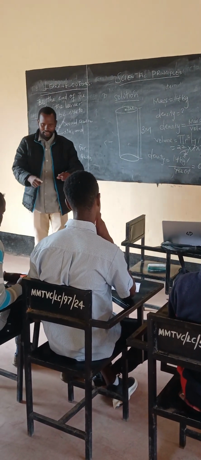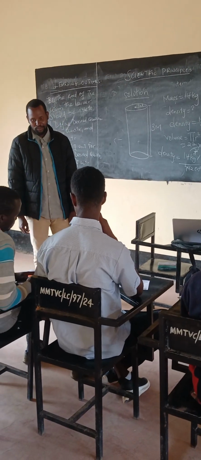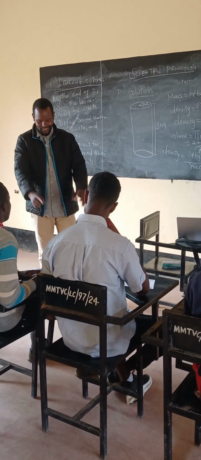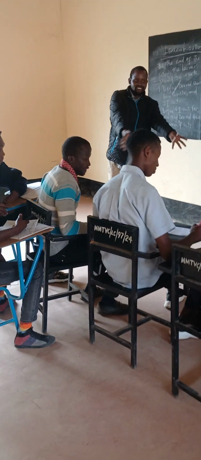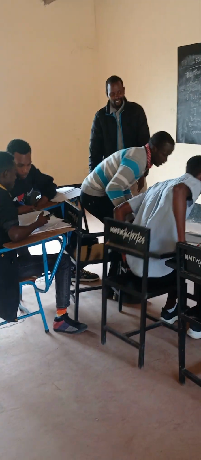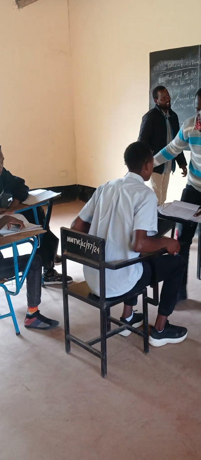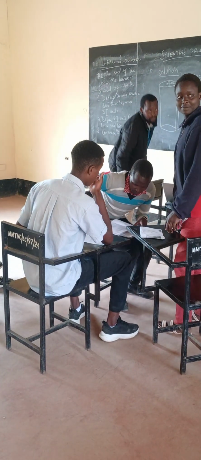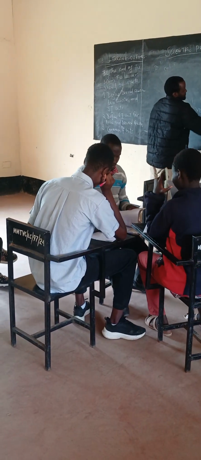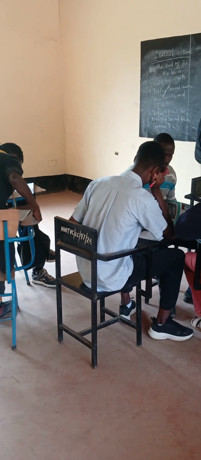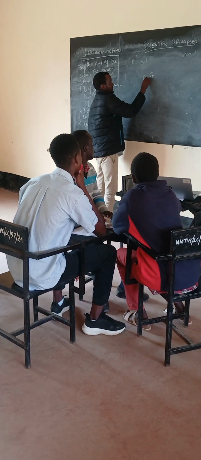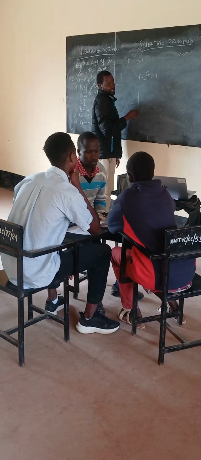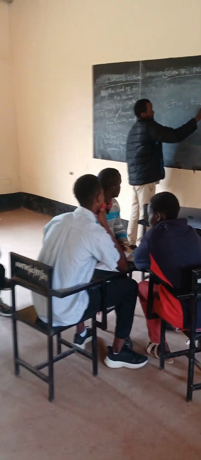Now, can you discuss amongst yourselves how you are supposed to get that thing? Okay. In groups, okay? In groups of 3. Kama sasa nyinyi ni watatu. That cylinder, radius of the cylinder is 7 centimeter and height is 4 centimeter.